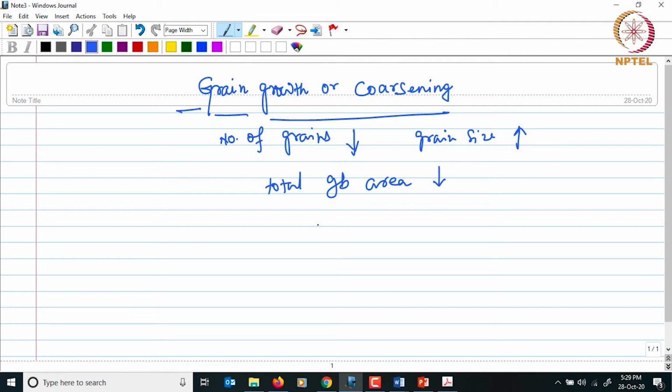Right? So since the interfacial area, or the grain boundary area, is decreased, the total interfacial energy will also decrease. And this will in turn decrease the total energy of the system.